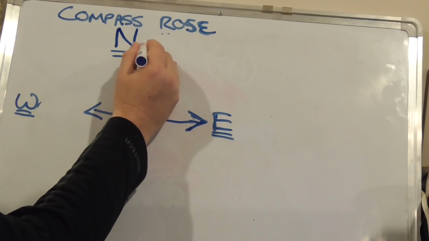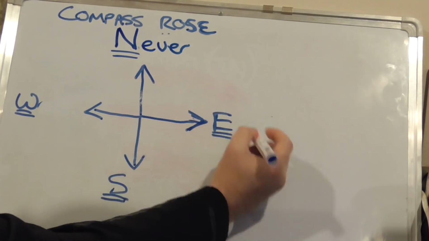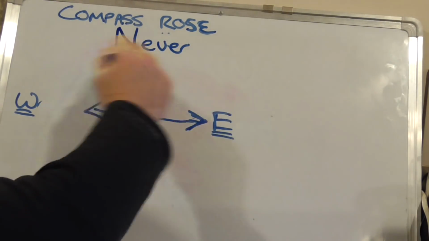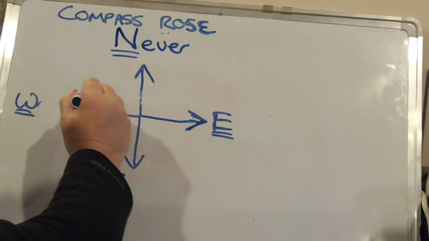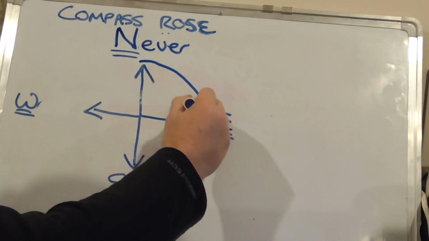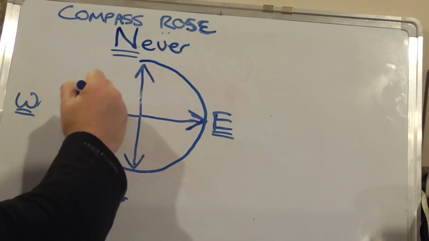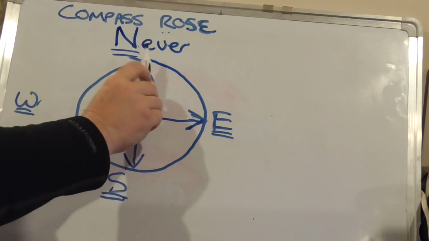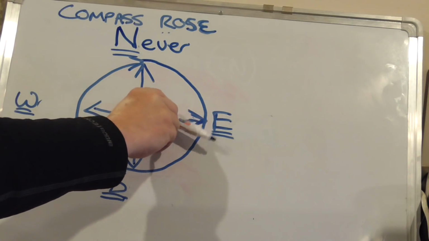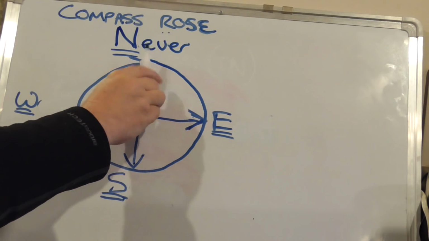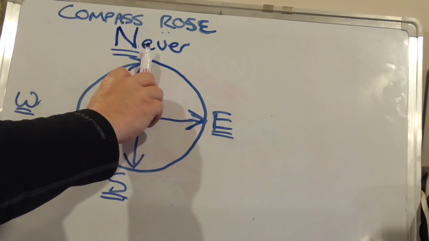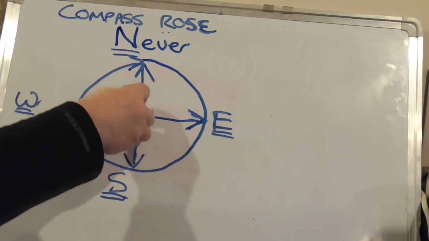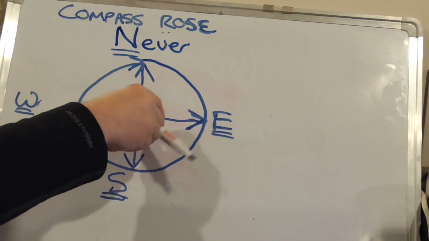We go never, and then we go to the right, as in clockwise. Clockwise is always going in this direction, the way a clock goes around to the right hand side. It starts off at 12 o'clock, then it goes to 1, 2, 3, 4, 5, 6, it goes clockwise.